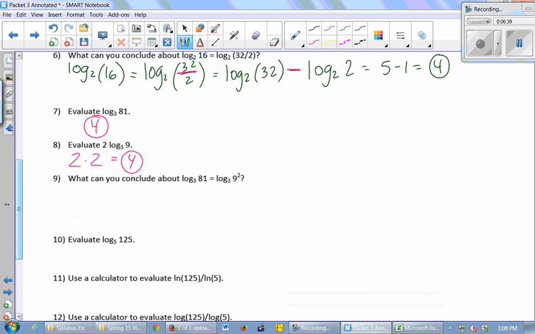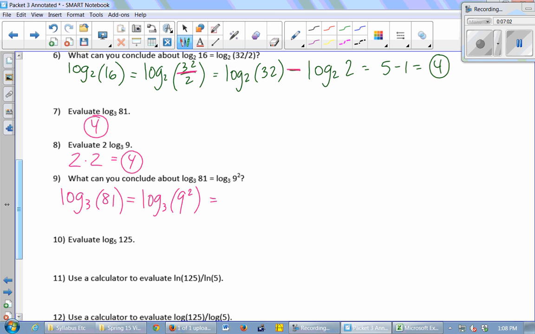So if I want to take log base 3 of 81, I can do it directly like I did in number 7 and just figure out what power do I raise 3 to make 81. Or I have this other cool property, which will always work. I could rewrite 81 as 9 squared. Instead of an 81, just rewrite it as a 9 squared.